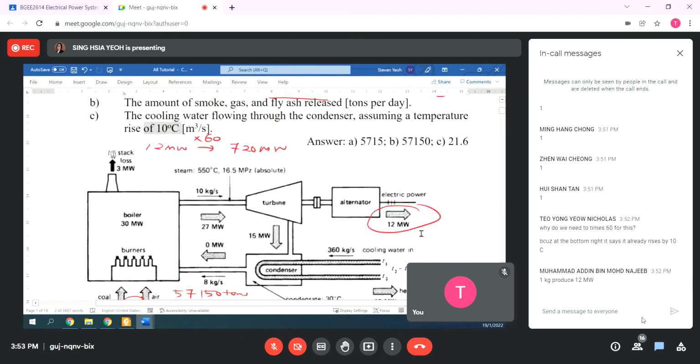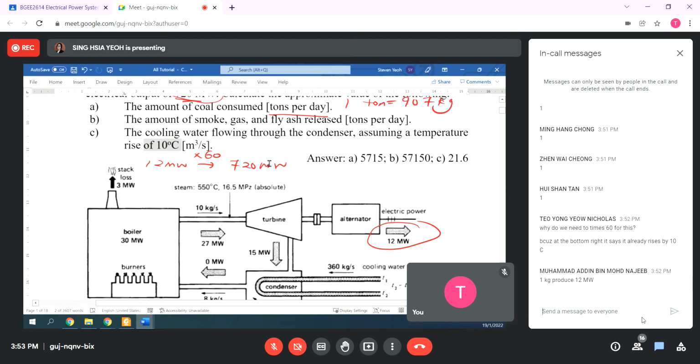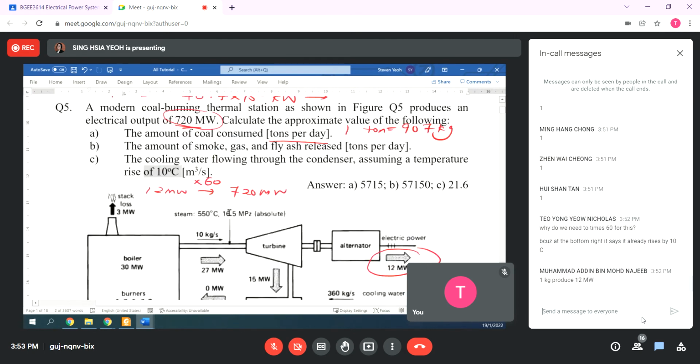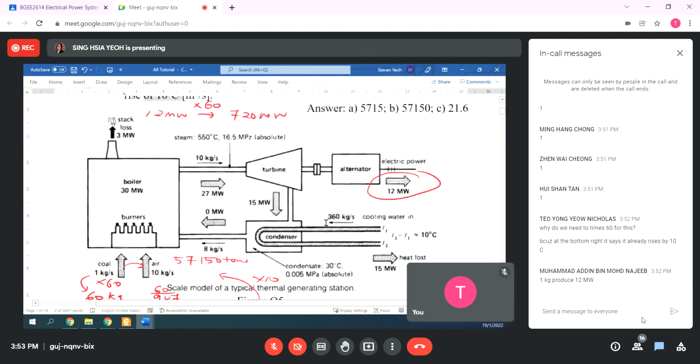Why we need to times 60 is because this diagram is scaled down already. 12 megawatt means you need to times 60, the scale number, in order to hit the 720 megawatt output power. So if you want 360 kilogram per second cooling water in, that means you have to times 60.